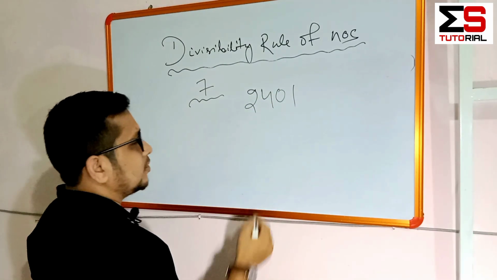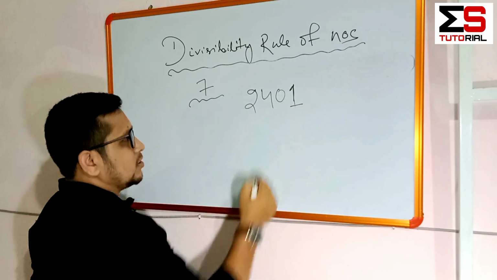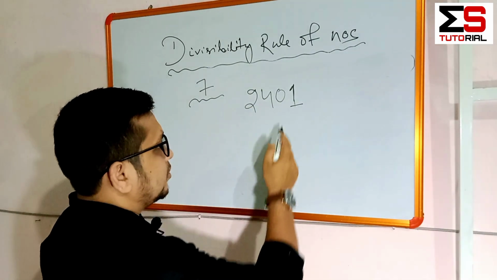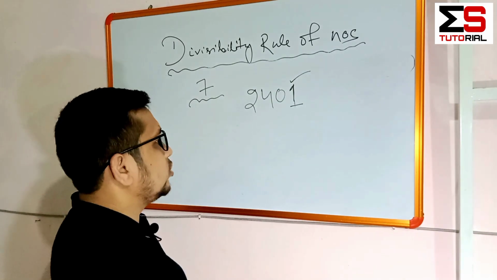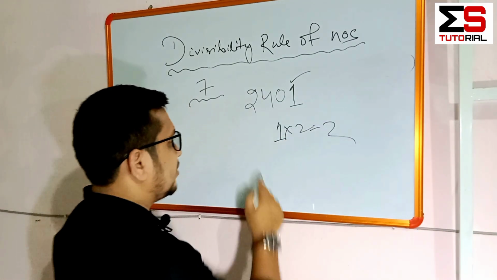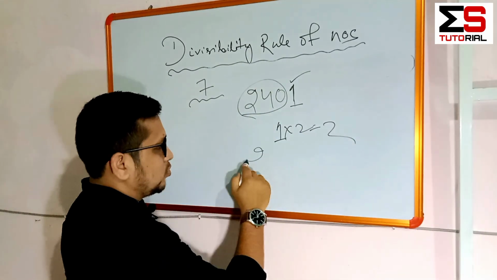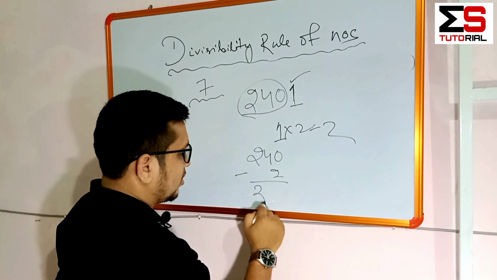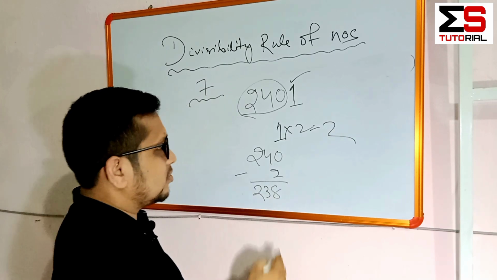2401. Here 1 is in the unit place, and we first multiply it by 2, that is 1 into 2, that is 2, and the rest of the number is 240. 240 minus 2 is 238, and we follow the same process.